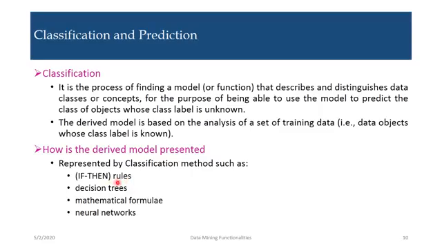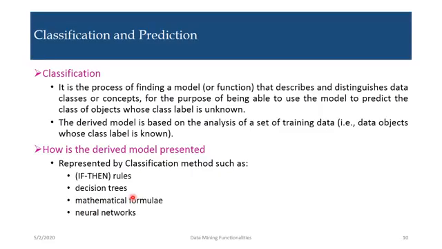Rules can also be constructed from a decision tree. A decision tree is a flowchart-like structure where each node denotes a test on an attribute value, each branch represents an outcome of the test, and the leaf represents the class label.